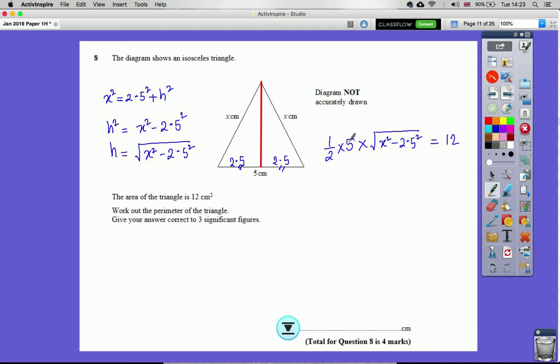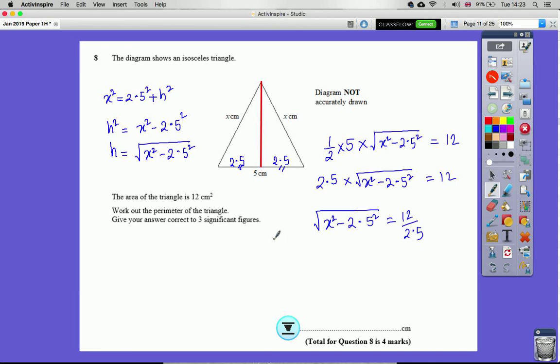Half times 5 is 2.5 or 5 over 2. Let's write it as 2.5 times square root of x squared minus 2.5 squared is equal to 12. Now divide both sides by 2.5. So I get square root of x squared minus 2.5 squared is 12 over 2.5.